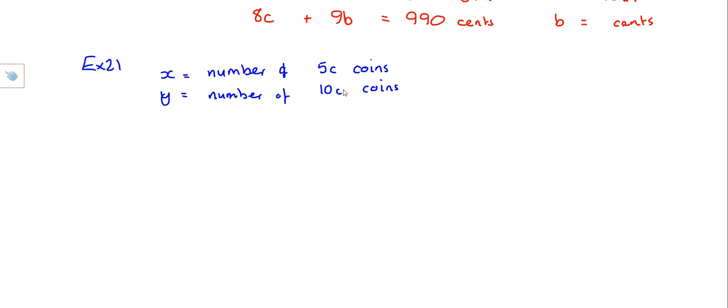So for the elimination method, it can't be say 40x and 40x, it has to be 40x and negative 40x. Elimination is what? Remember, we either add or subtract, depending on what we've got. If I've got minus 40x and plus 40x, to eliminate that, I add those two together.